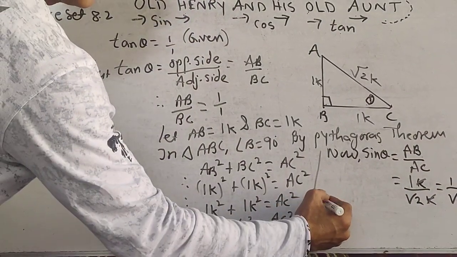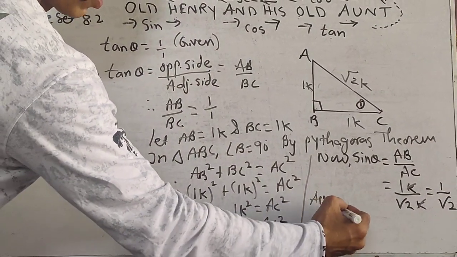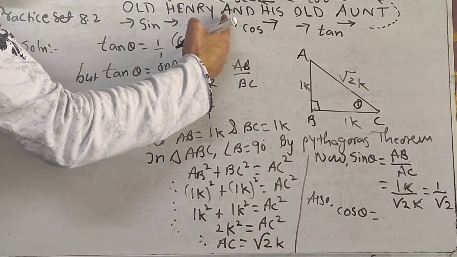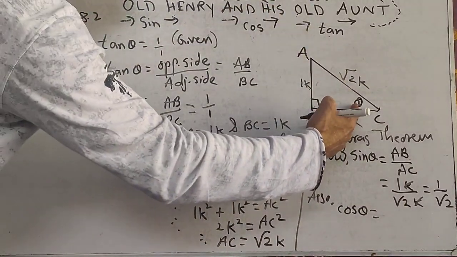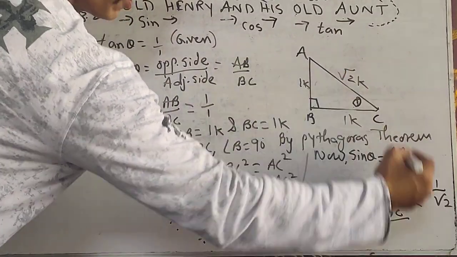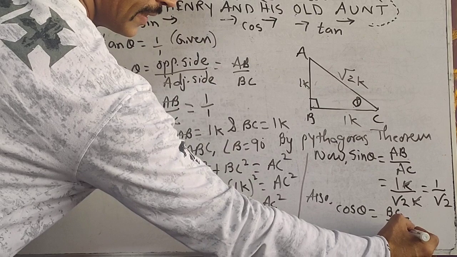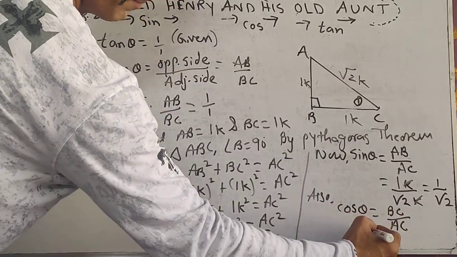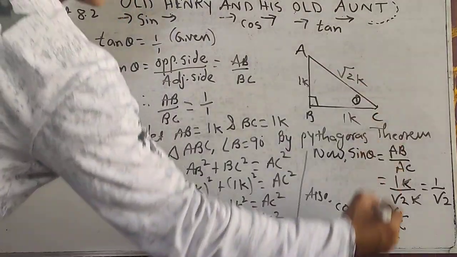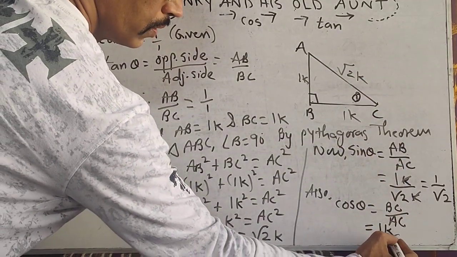उसके बाद में चाहिए also cos theta. So cos theta is equal to, formula is adjacent side upon hypotenuse. Theta is here, adjacent side is BC, hypotenuse is AC. Okay, so BC है तुम्हारे पास 1k और AC है root 2k.